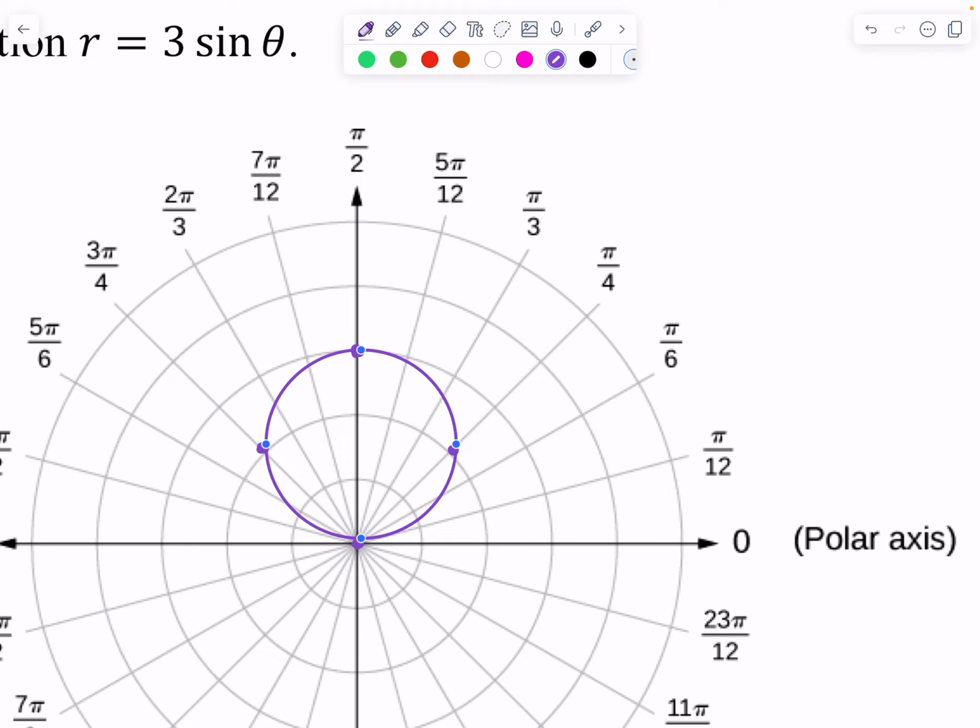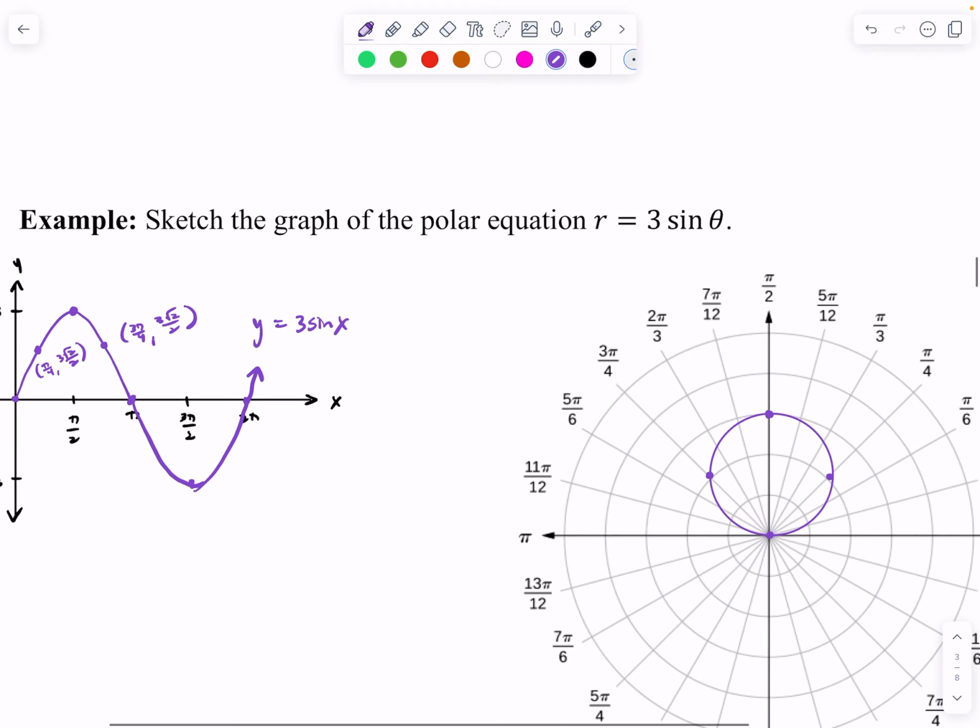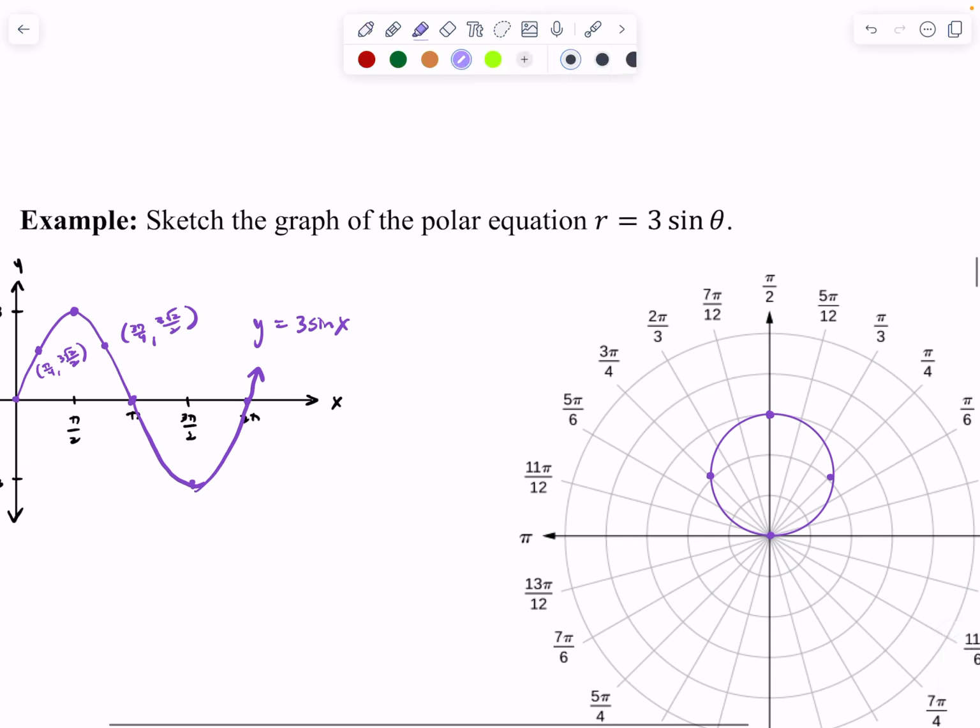This is what happens. Okay. So we can see here, if we think about it, 0 to pi over 2 is Q1. So Q1 makes this part of the circle. And then pi over 2 to pi, so Q2 makes this part of the circle.